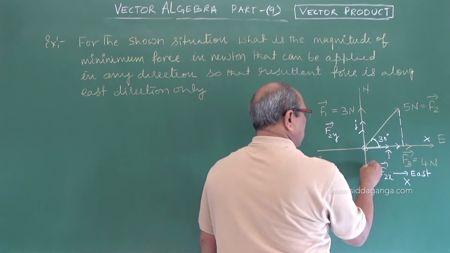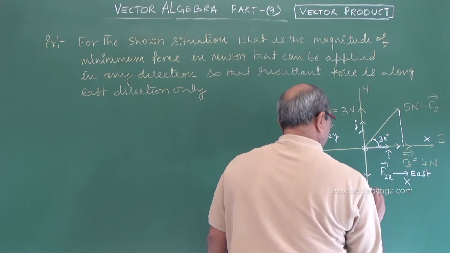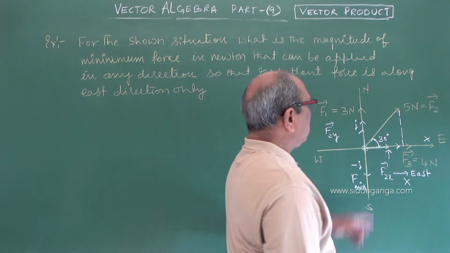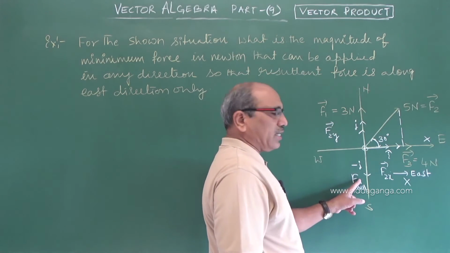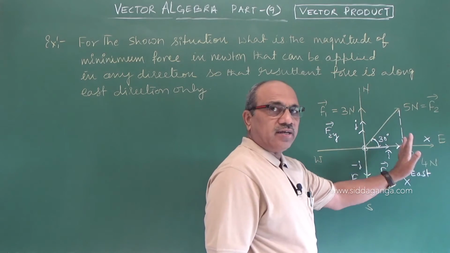Now think: if I apply a force F minimum in the opposite direction, the minus j direction, and these two get cancelled by it, only these two acting in the east direction remain.